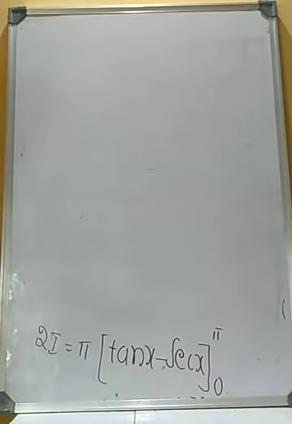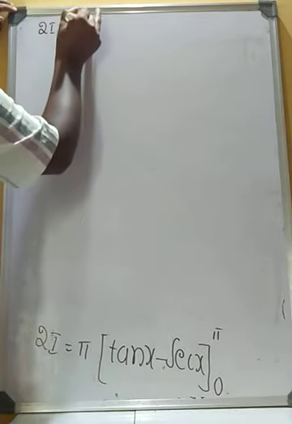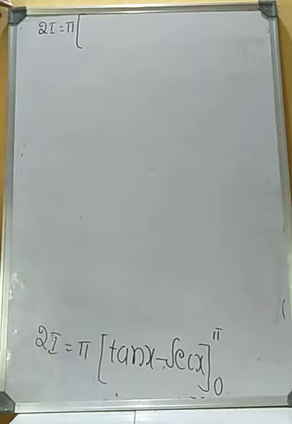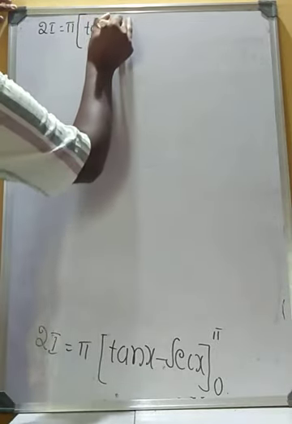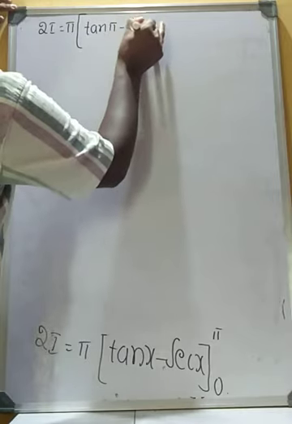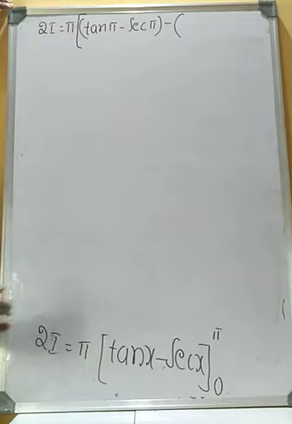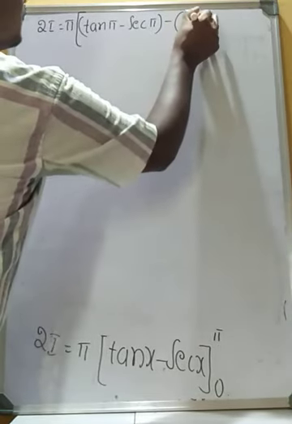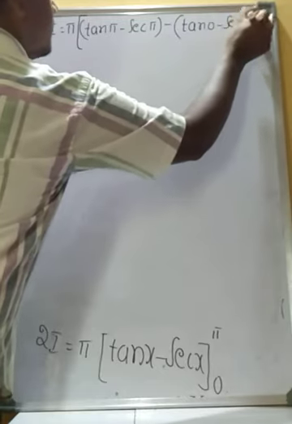So 2I is equal to pi into upper limit pi: tan pi minus secant pi, minus lower limit: tan 0 minus secant 0.